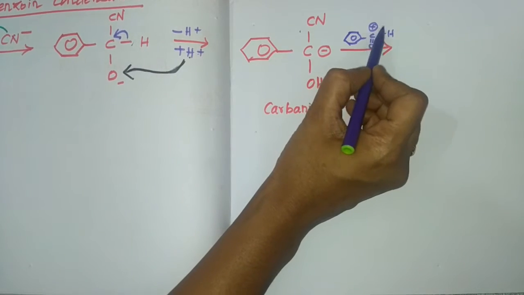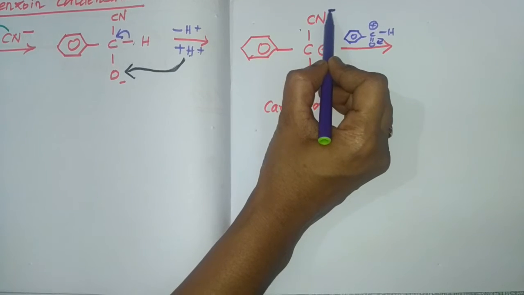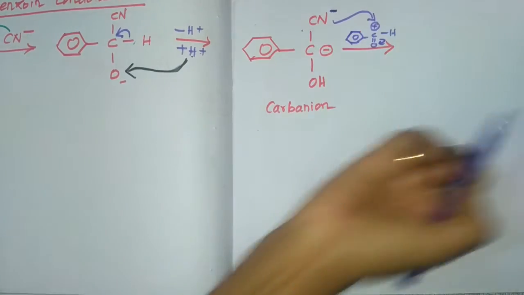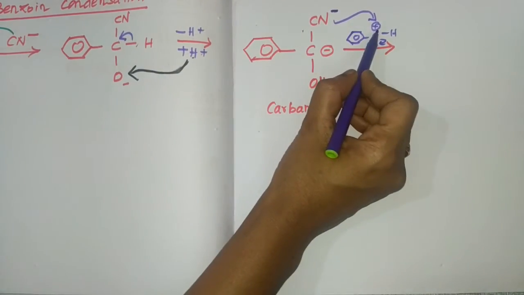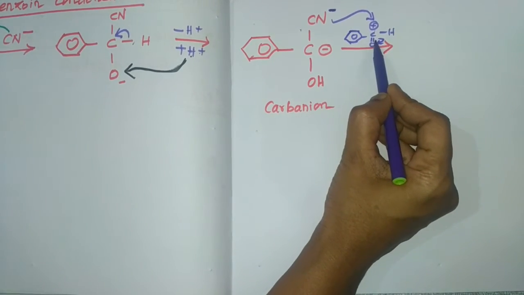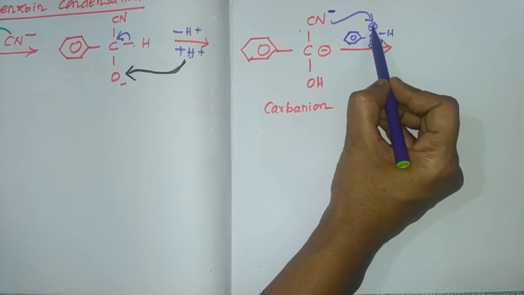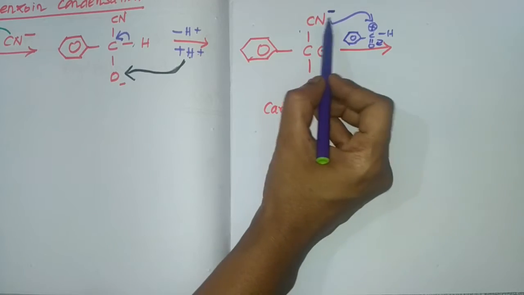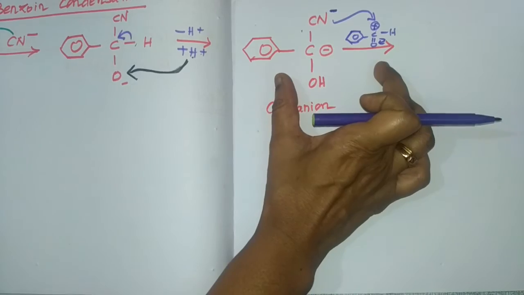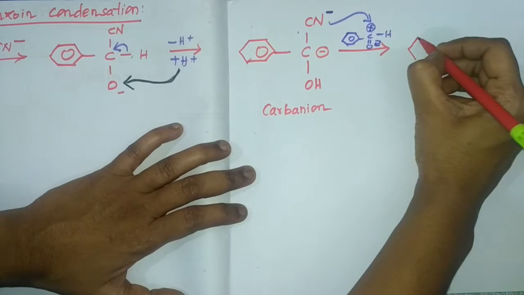If this carbon becomes positively charged, and the charge of this nucleophile is negative, this nucleophile will combine with this positively charged carbon. So this oxygen will take the electrons, the carbon will become positively charged, and it will be attacked by this nucleophile. Now you are going to combine these two and give the product. So the same I am writing here.